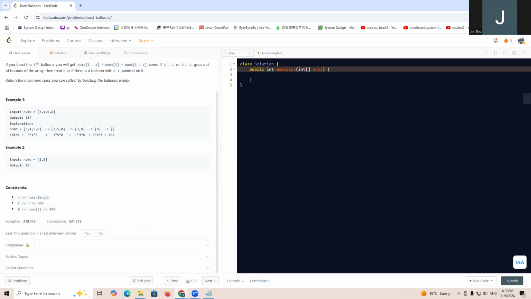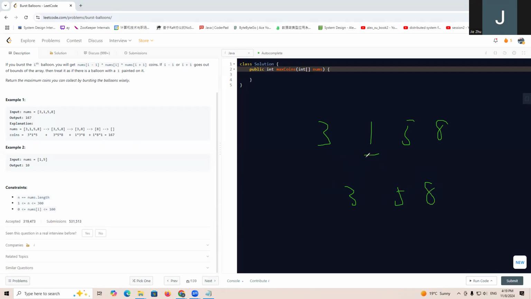So let's look at the example. We have 3, 1, 5, 8. The optimal way we burst the balloons is to burst this one first. So we'll get 3, 5, 8 for the next round.